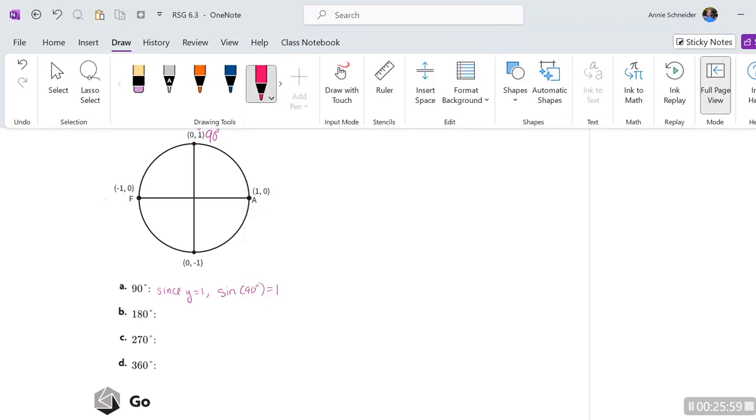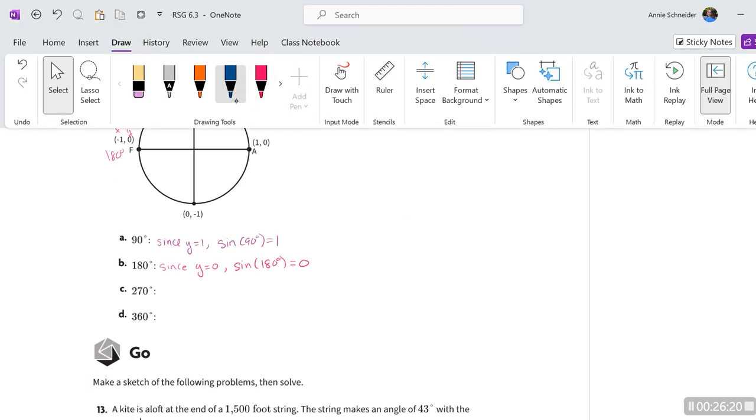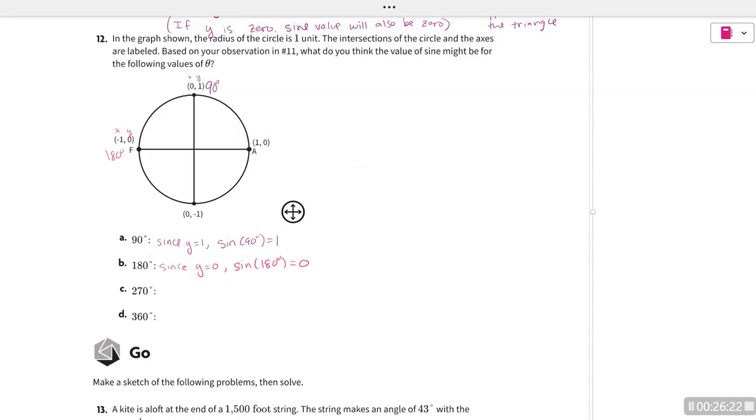Okay, let's go to 180. So here's 180 degrees. We have our x and y. Since y equals 0, sine of 180 degrees will also equal 0. Okay, so 270 is down here. So we have x and y.